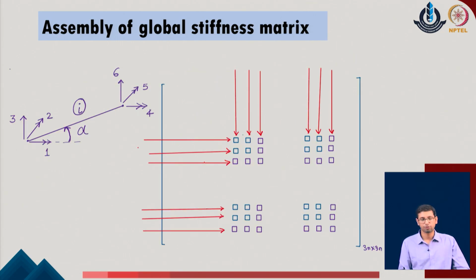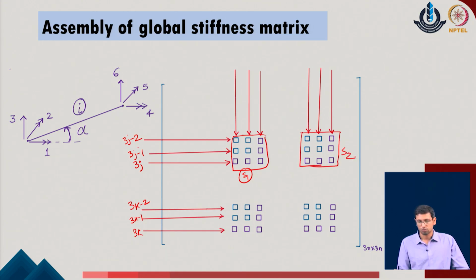Finally, we end up with these values and we locate them in the same manner as we did for the plane frame system. So, 3j minus 2, 3j minus 1, 3j and 3k minus 2, 3k minus 1 and 3k. So, these are the individual rows where we will try to put the contribution of the matrix of the local member system.